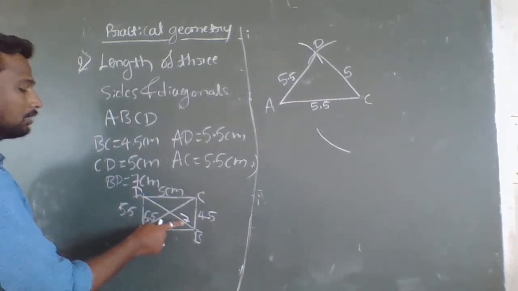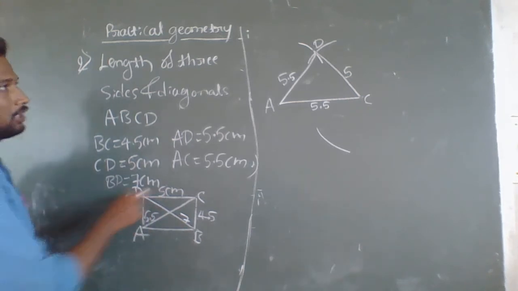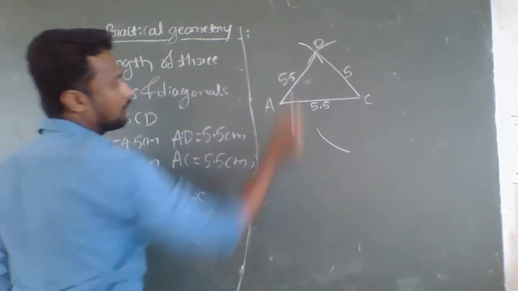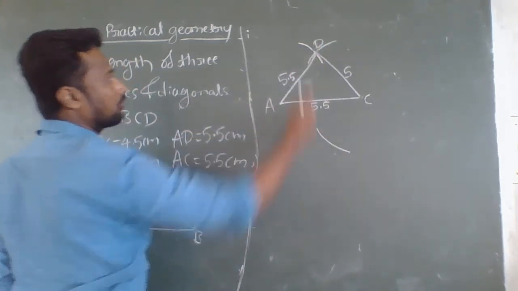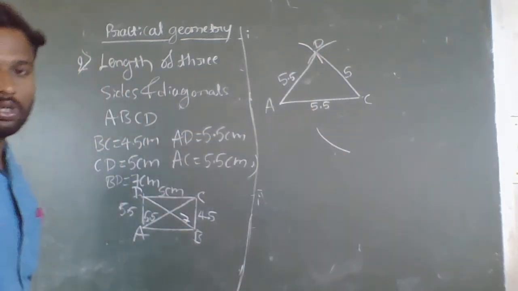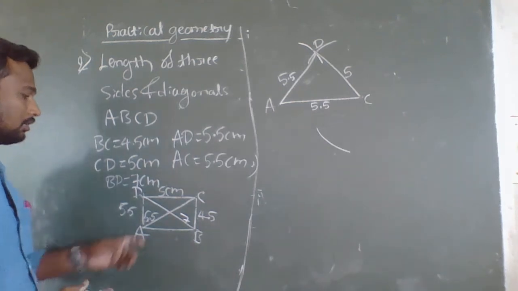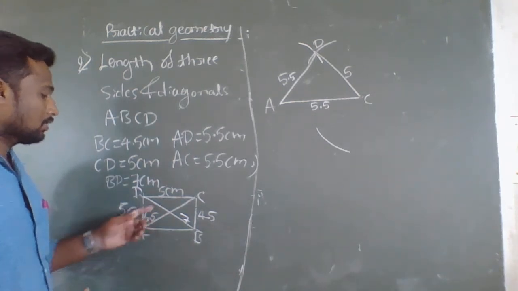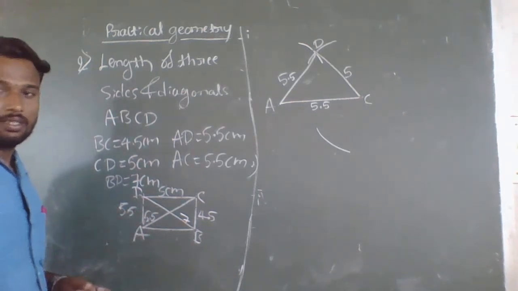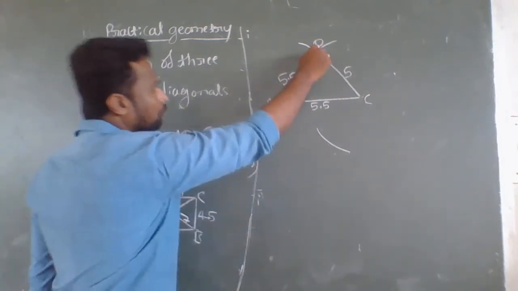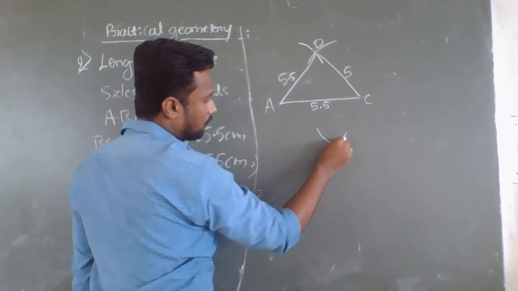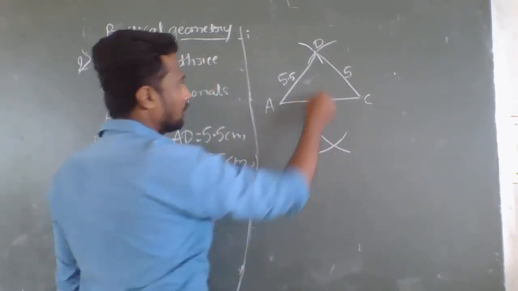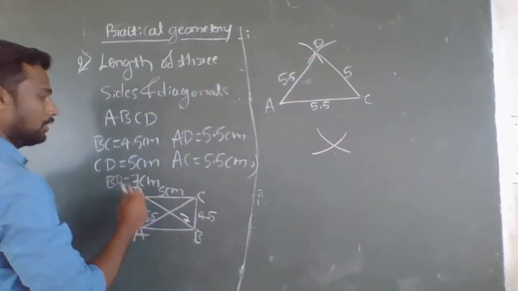Point B is 7 centimeters from point D. So now what we can do? Take the measurement of 7 centimeters in your compass, place the needle on point D and draw an arc which is of 7 centimeter from point D.